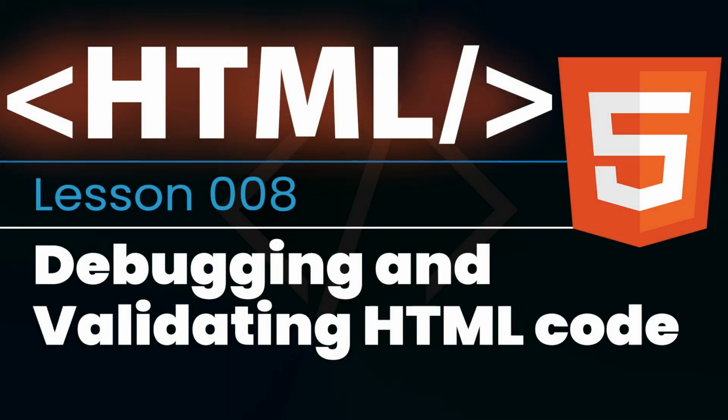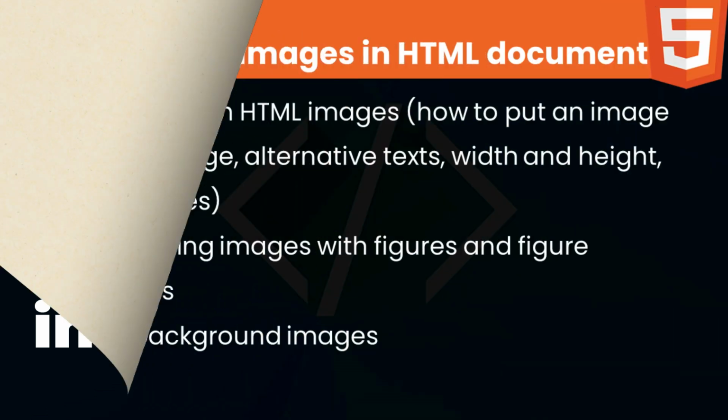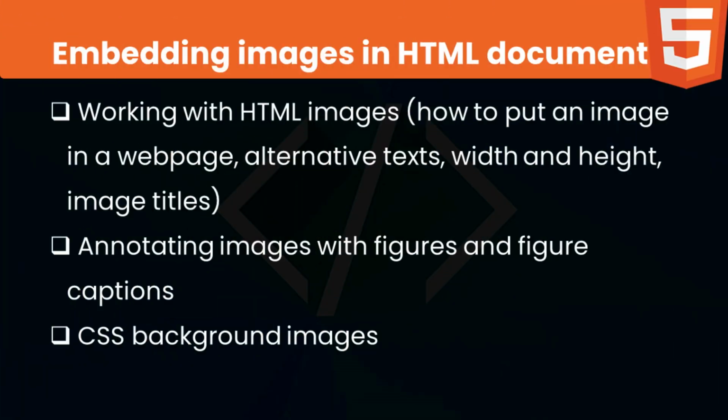In lesson 8, you will gain an understanding of tips on how to debug and validate HTML code. We will be learning how to embed images in an HTML document and annotating them with figures and captions, and also look at CSS background images.